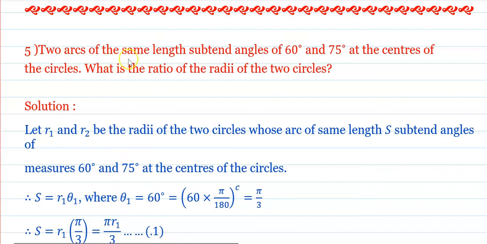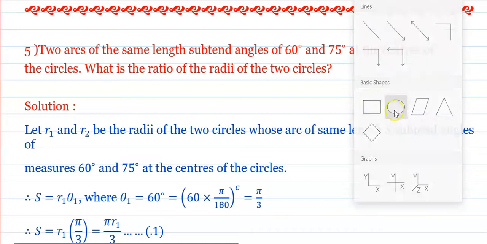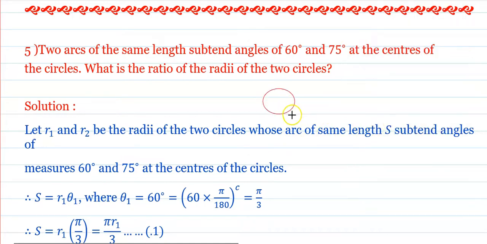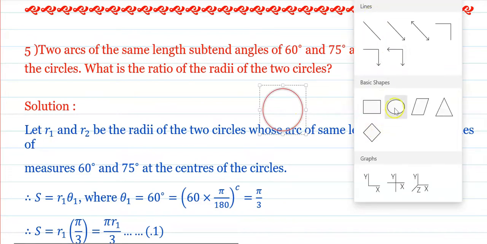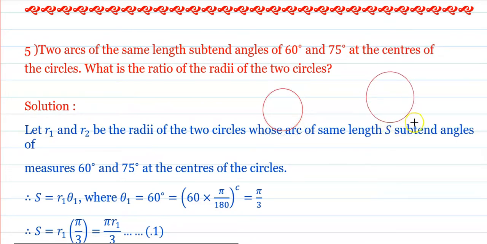Two arcs of the same length subtend angles of 60 degree and 75 degree at the centers of the circles. What is the ratio of the radii of the two circles? Now here there are two circles. If I draw the first circle, this is the first one, and this is the second one.